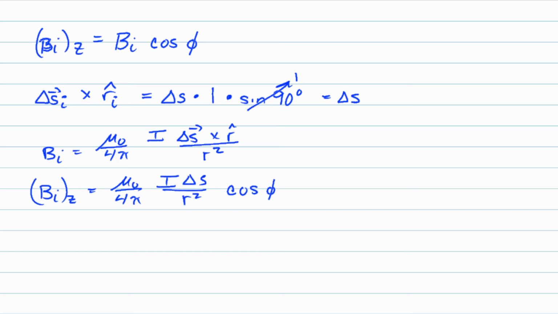So again, this is the magnetic field due to one single current segment, the ith segment, in the z direction. So as before in earlier examples, we need to express our formula in terms of the variable that's being modified. In this example, that's going to be delta s.